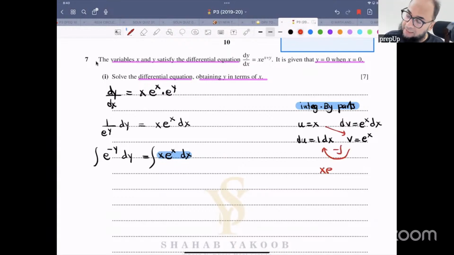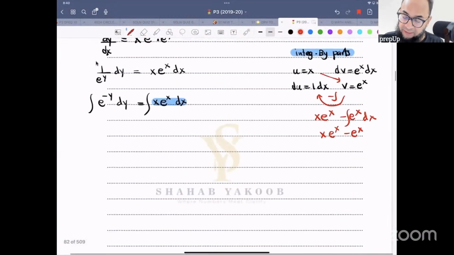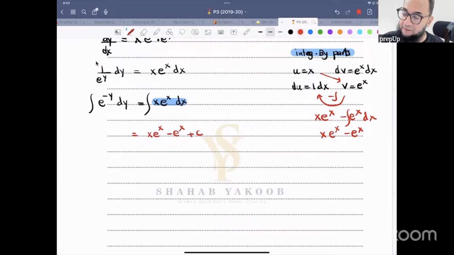That is x e^x minus the integral of e^x dx, which is x e^x minus e^x. I'm leaving the constant of integration on the sidelines, so this is x e^x minus e^x plus a constant of integration c. That's the overall constant. And on the left hand side, this is 1 over negative 1 times e^(-y).